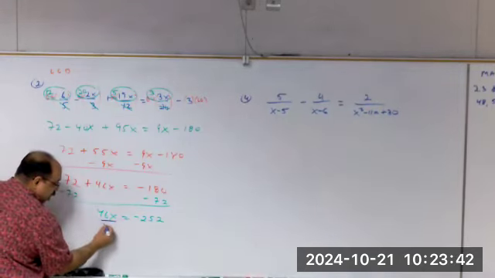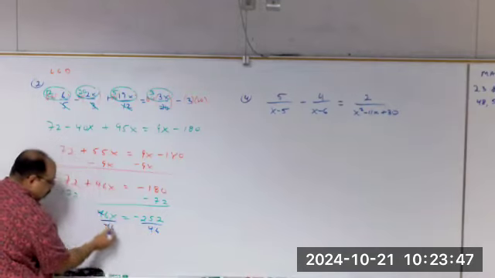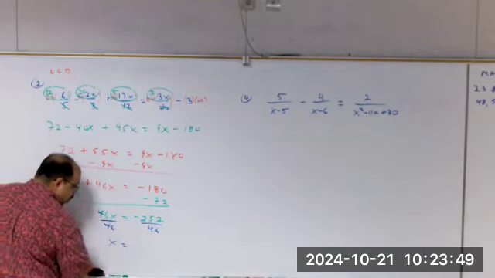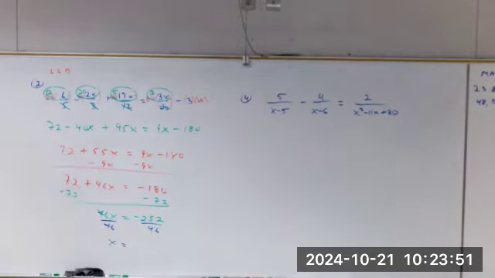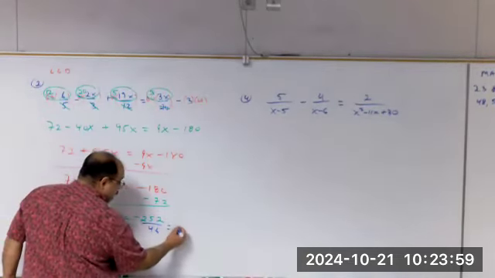Divide both sides by 46. So let's see. I don't know if it goes in evenly, but at least I know they're both even. So it's going to be a negative, definitely.